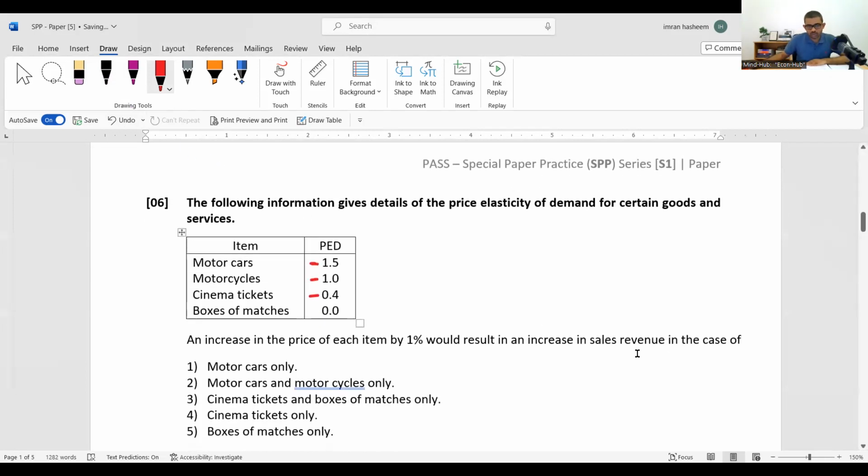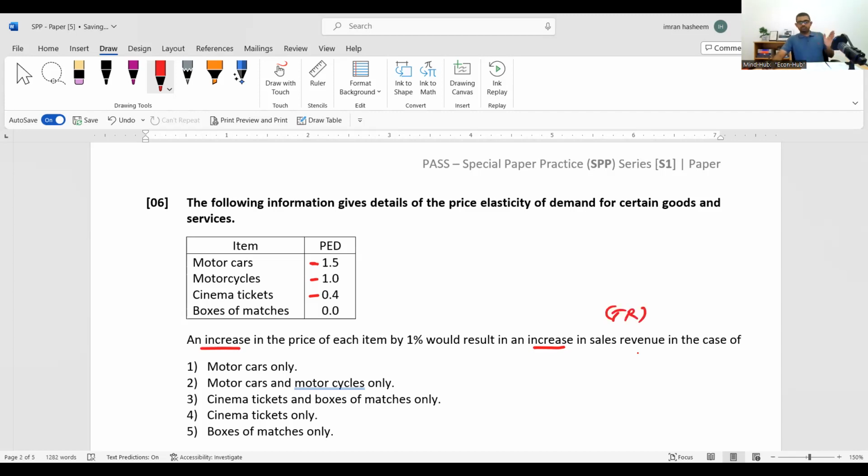An increase in the price of each item by 1% would result in an increase in sales revenue. So price increases, and sales revenue, meaning total revenue, increases.